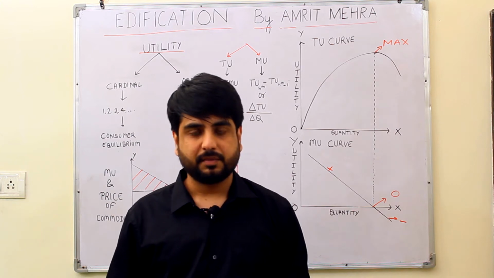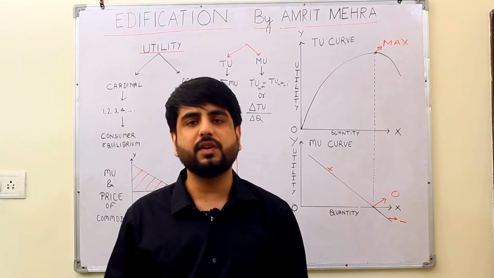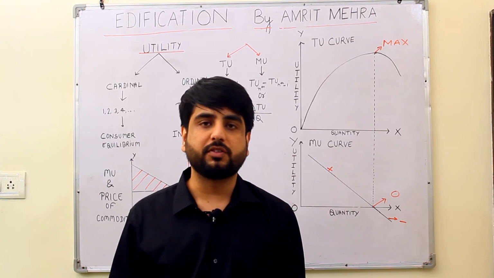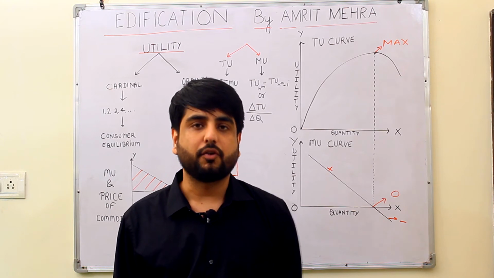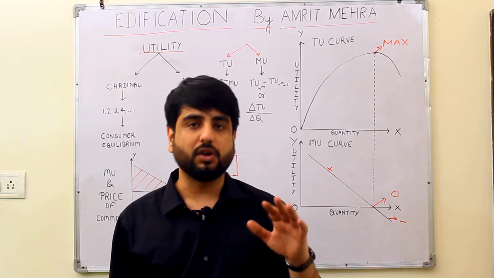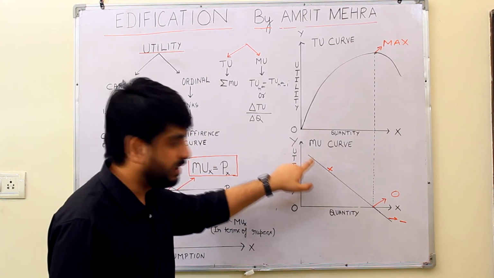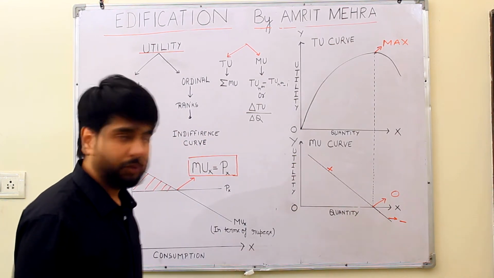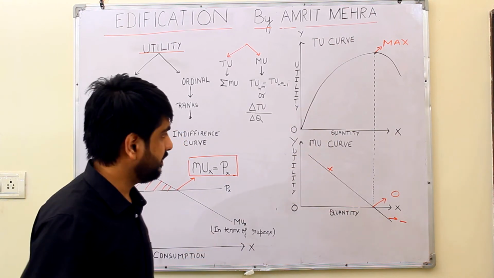It means that the law of DMU states that as we consume more and more units of a commodity, the satisfaction that we derive from each successive unit keeps on decreasing, because of which MU in the lower panel is falling down. You can understand this particular graph in 3 stages.